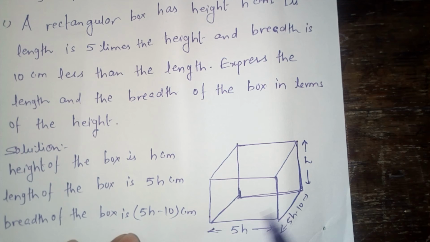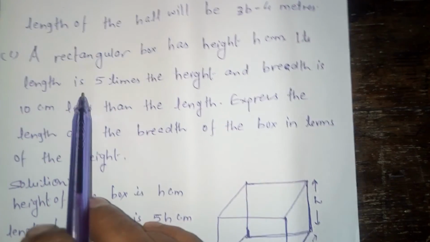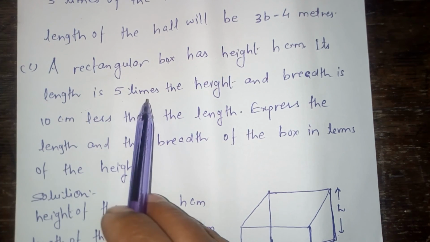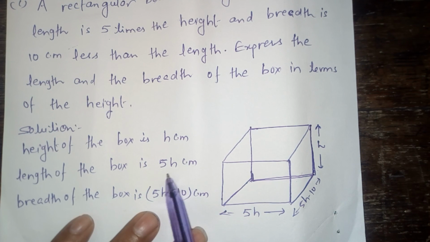This is the rectangular box and its height is h centimeters. According to the statement, its length is 5 times the height. So length of the box will be 5h centimeters.